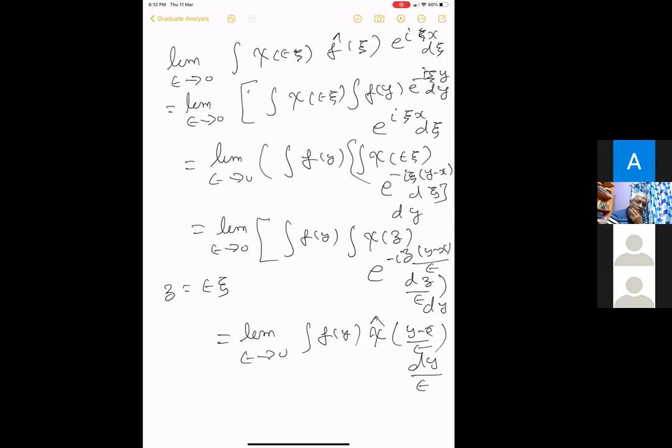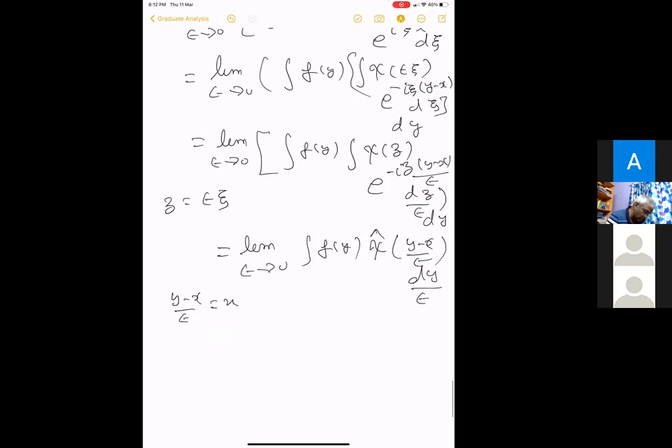Okay. Now we substitute y minus x by epsilon equal to some u. So this will become limit epsilon going to 0, integral f of, so then y equals x plus epsilon u. Okay. And this is xi hat of u, right? Then that epsilon will go.